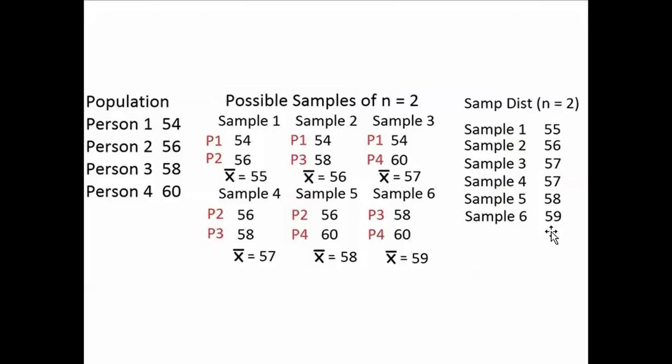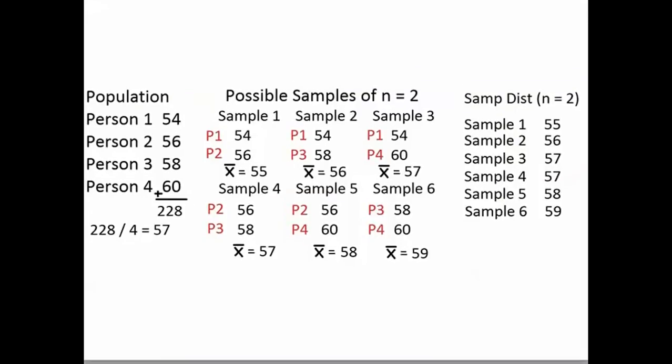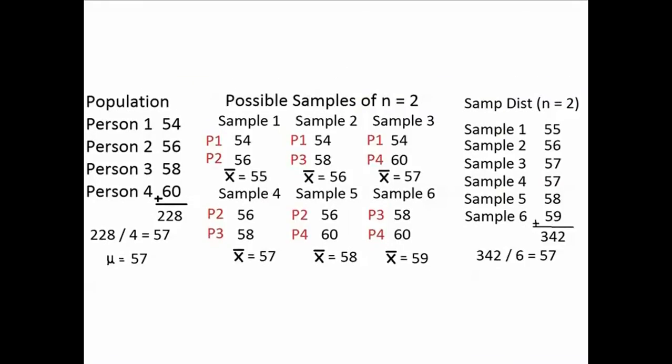And if we did that, we would see that the 2 means would come out to the same number. So the mean of the population equals the mean of the sampling distribution. These 2 means have to come out to the same number. And we can see here that they did come out to the same number. They both came out to 57.